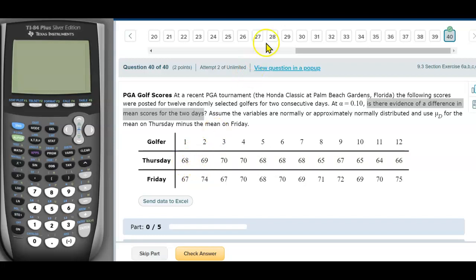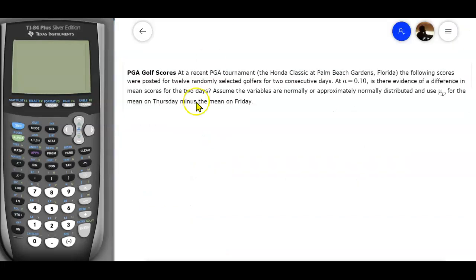Okay, so let's move to the whiteboard. First of all, what we need here is to identify our claim. And the claim is this one. We want to figure out whether there is a difference in the mean scores between the 2 days.